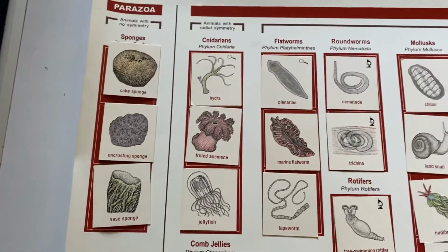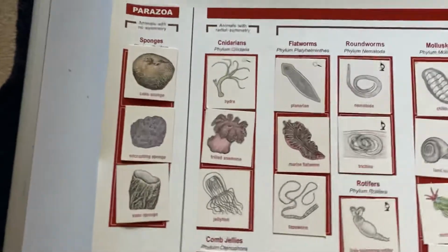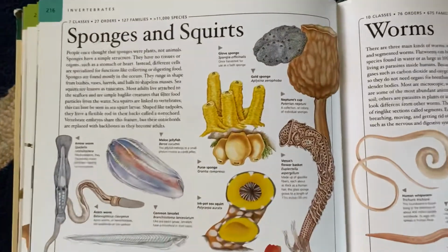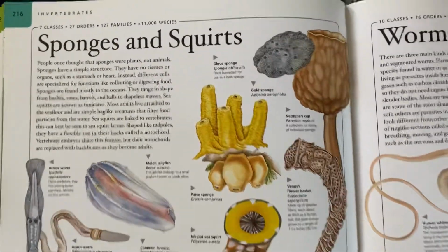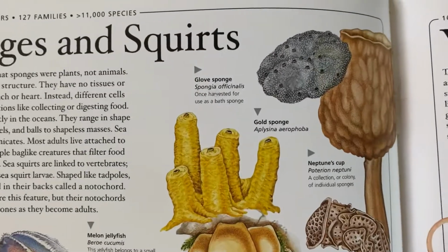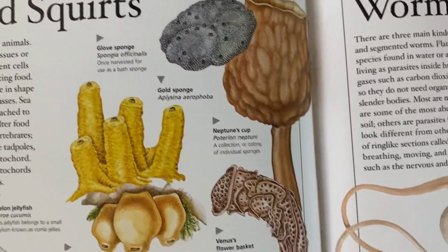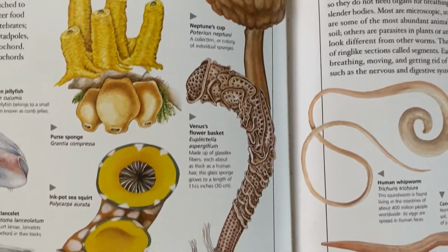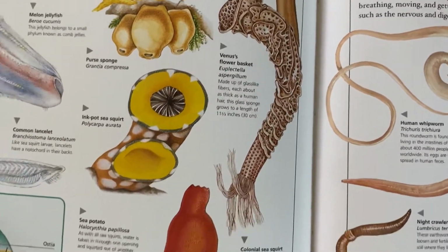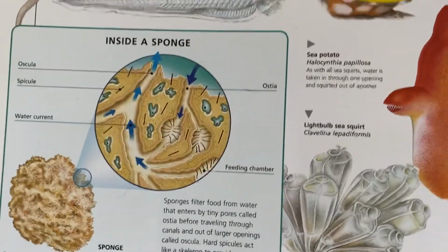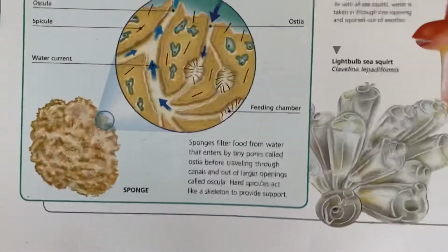Now I'm just going to show you a couple more pictures of sponges. Right here, sponges and squirts. Gold sponge, glove sponge, Neptune's cup sponge, inside a sponge.